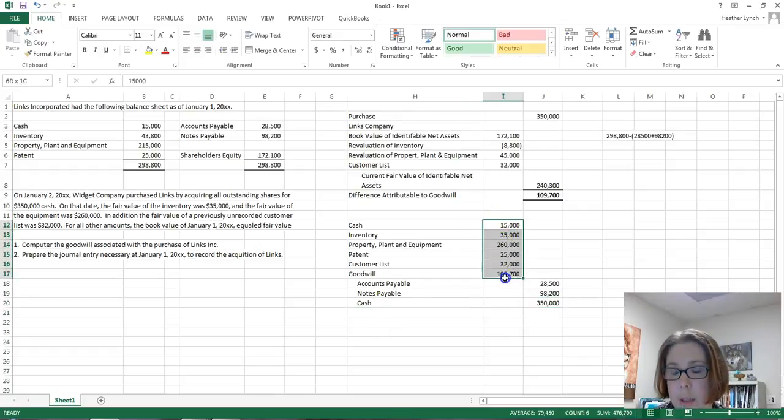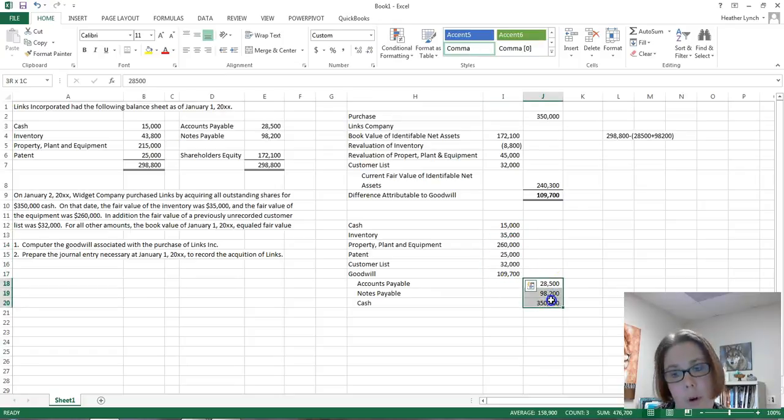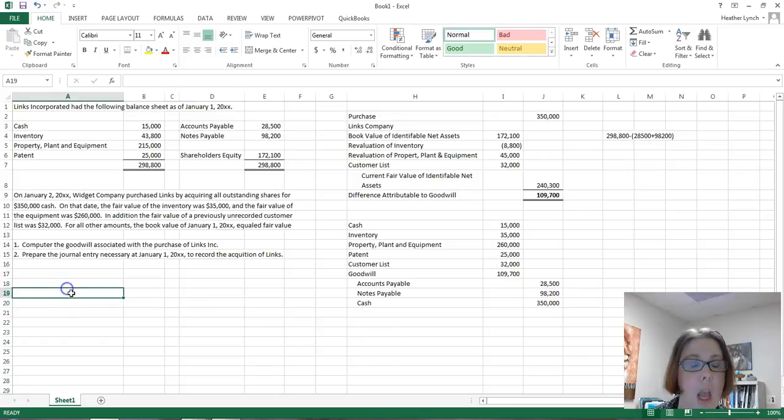So this is 476,700 on both sides. That is how you figure and determine how much goodwill you're going to acquire.